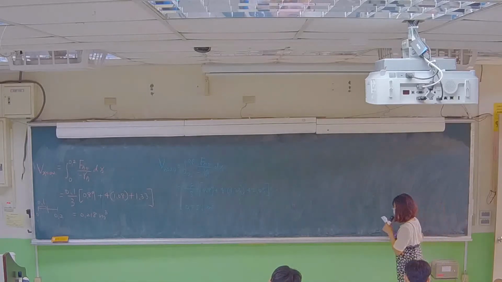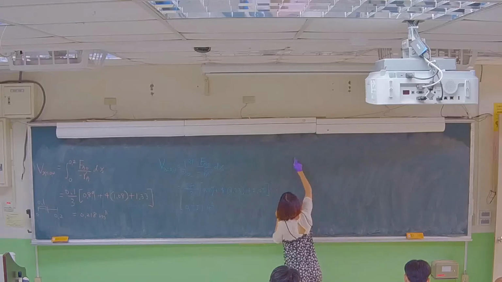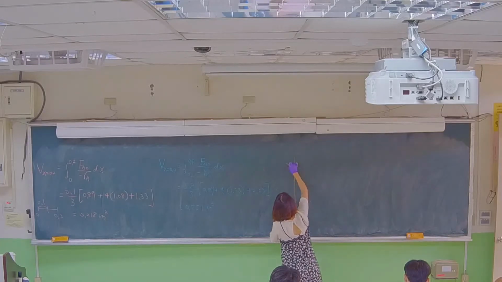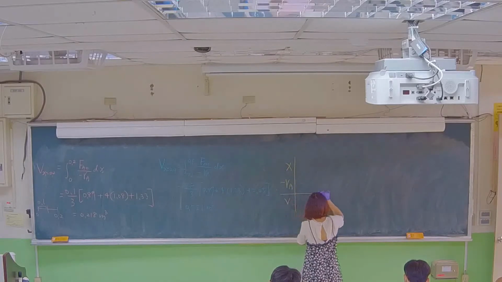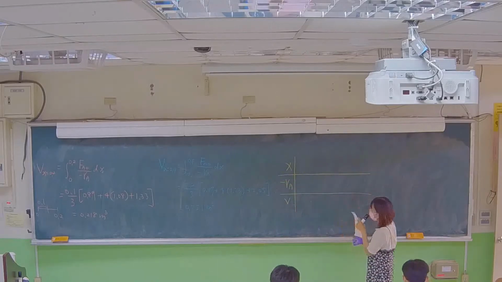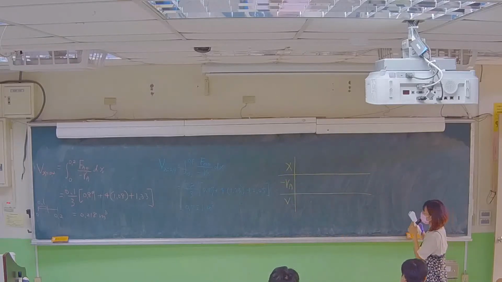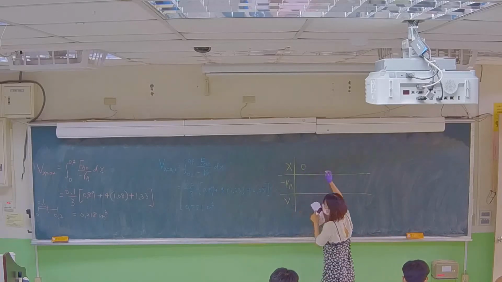Okay. So we got 3 points. So let's put these points in one table. So you got x equal to 0.